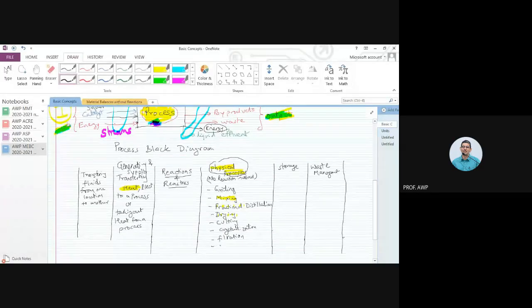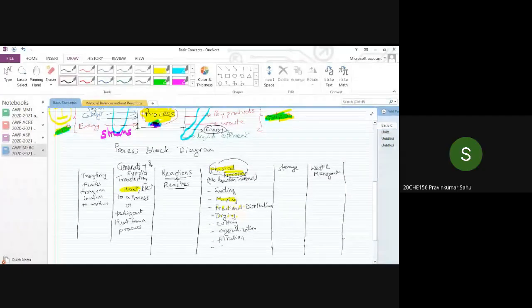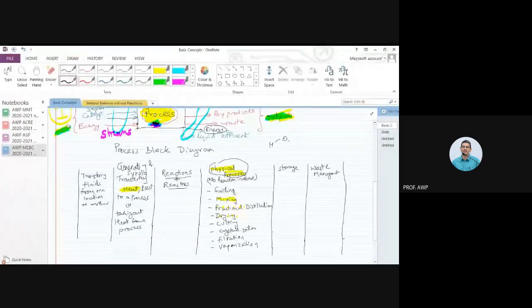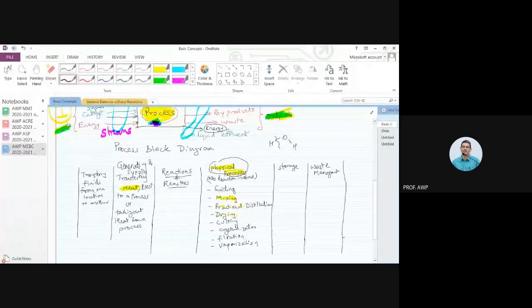Do you think the H and O bond is breaking? Do you think this bond is breaking and then OH is vaporizing, or this whole thing is vaporizing? Whole thing. Correct.